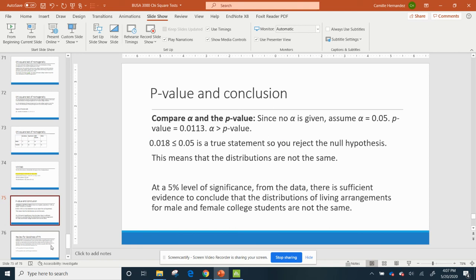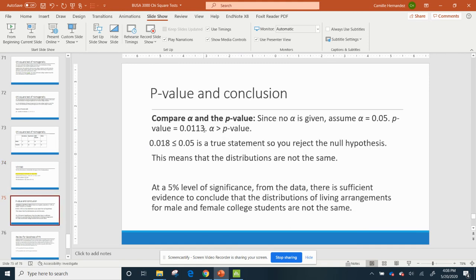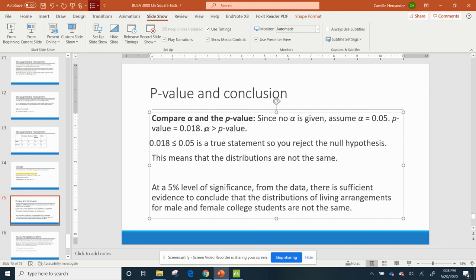Since I wasn't given a level of significance, I'm going to assume it's 0.05. Let me make sure of my p-value. I've got to update this slide. My p-value is 0.018. Because 0.018 is less than 0.05, and if that confuses you, just add another 0, so now I can see 18 is less than 50.